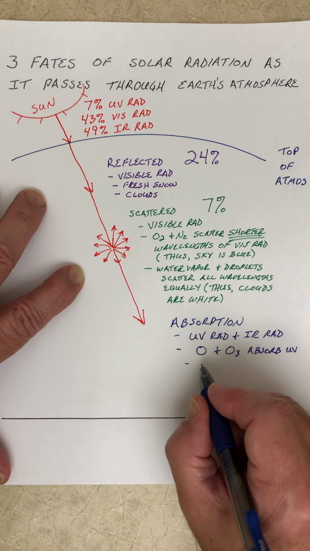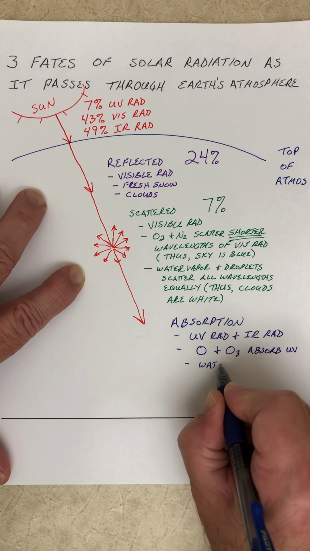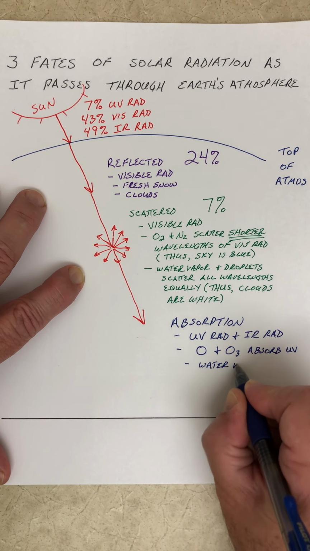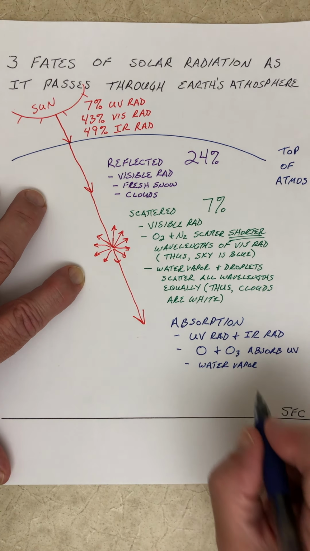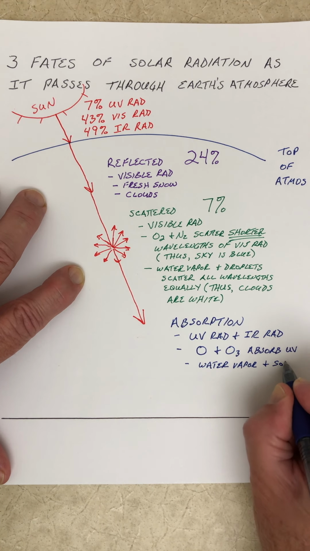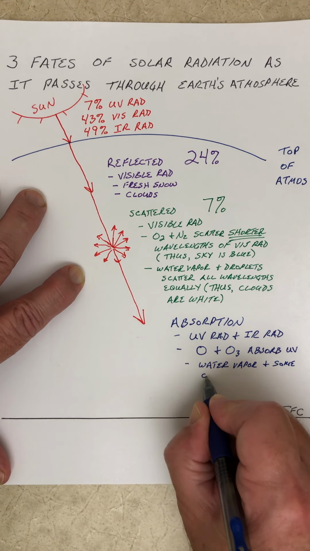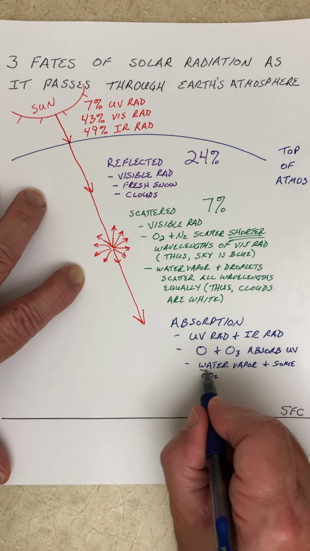And as we continue with absorption: water vapor, humidity, and to a much lesser extent, carbon dioxide. Primarily water vapor in this case, so I'll underline that one.